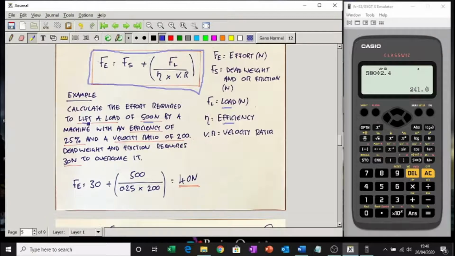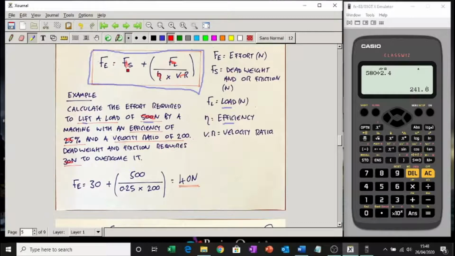The load's going to be 500. Efficiency is going to be 25% or 0.25. Velocity ratio of 200 goes in there. And to overcome dead weight and friction, we need 30. So Fs is going to be 30.